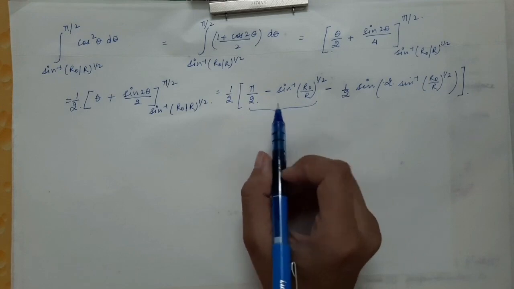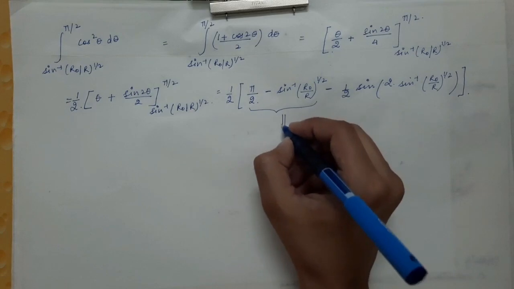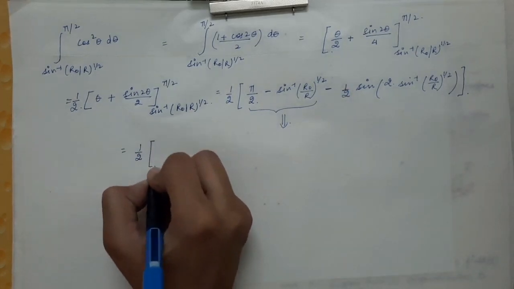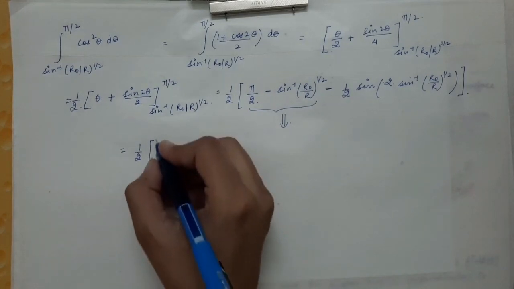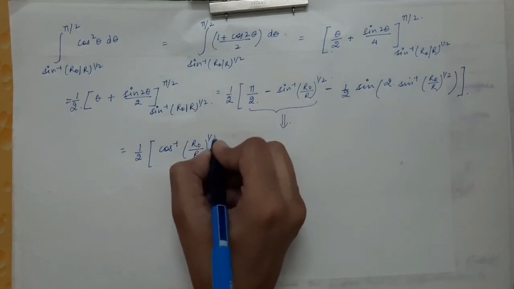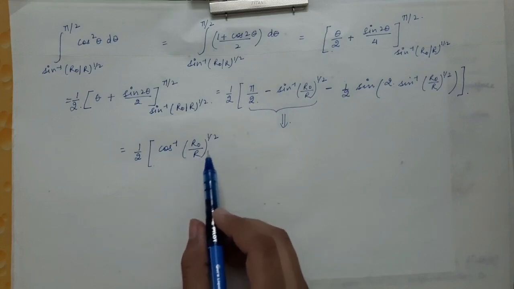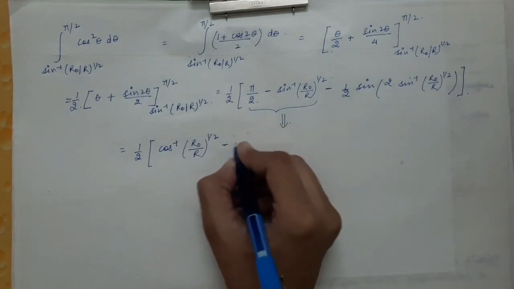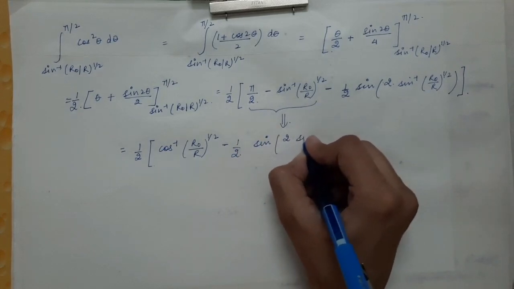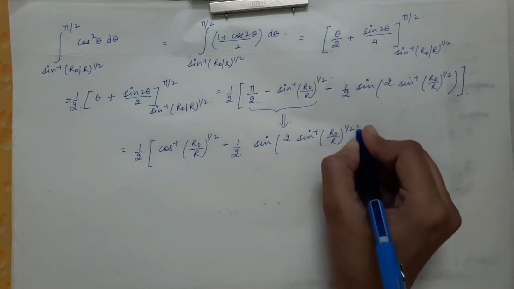So we will use the identity that pi by 2 minus sine inverse of theta is equal to cos inverse of theta. The first two terms can be clubbed and written as cos inverse of (r naught divided by r) power 1 by 2. Now minus 1 by 2 into sine of 2 sine inverse (r naught divided by r) power 1 by 2.